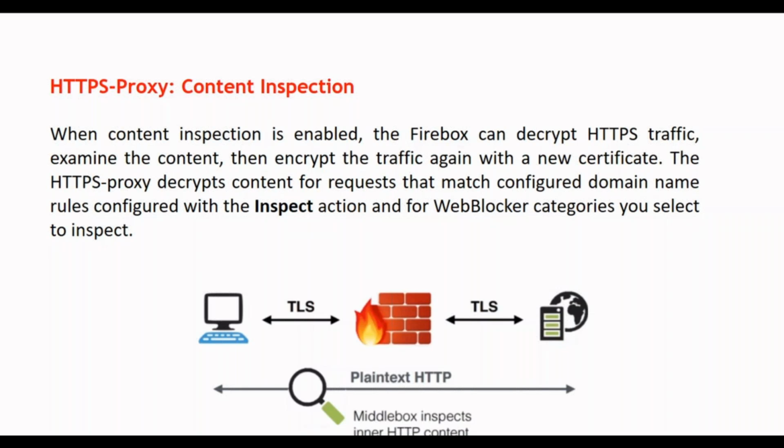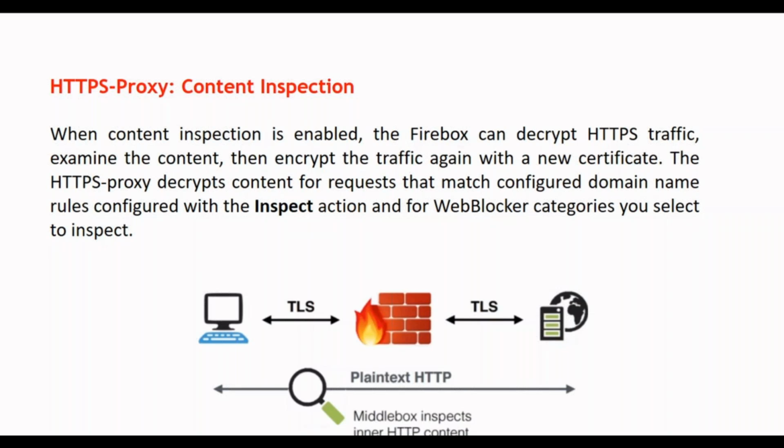When content inspection is enabled, the Firebox can decrypt the HTTPS traffic, examine the content, and then encrypt the traffic again with a new certificate. The HTTPS proxy decrypts the content for requests that match a configured domain name that we have an inspect action for, or we can use WebBlocker categories to inspect specific types of traffic.